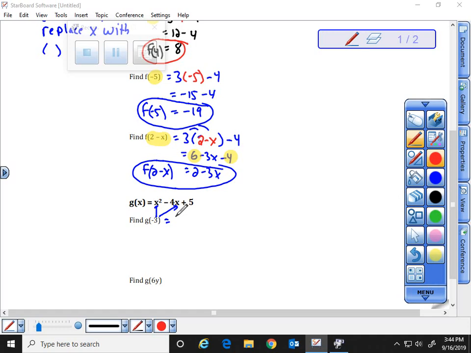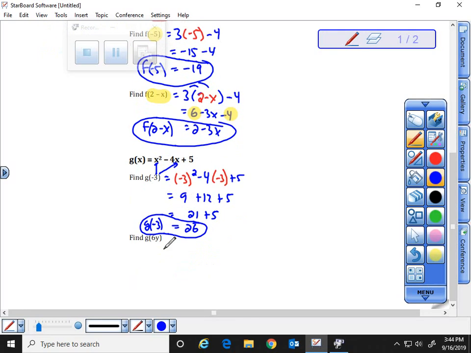So it's going to be negative 3 in for x, squared, minus 4 times negative 3, plus 5. 9 plus 12 plus 5 is 21 plus 5, or 26. So the function of negative 3 in that equation is going to be 26.